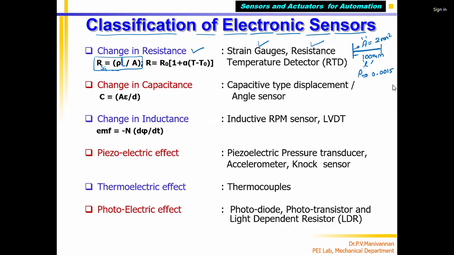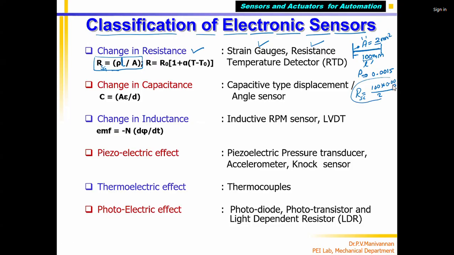Now, I know the area is 2 mm square and the length is 100 mm, and with the rest of this, I can calculate the resistance of the strain gauge R_SG equal to 100 multiplied by the resistivity 0.0015 divided by the area, 2 mm square. Appropriately, then you will find out the resistance.